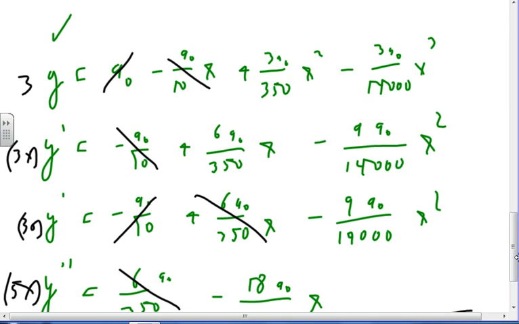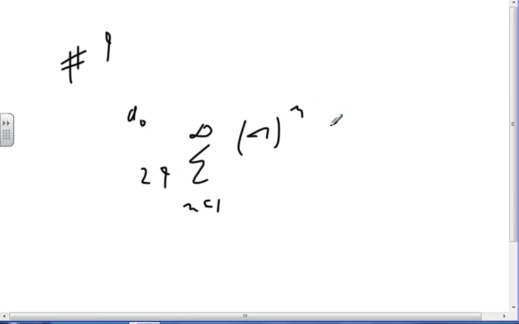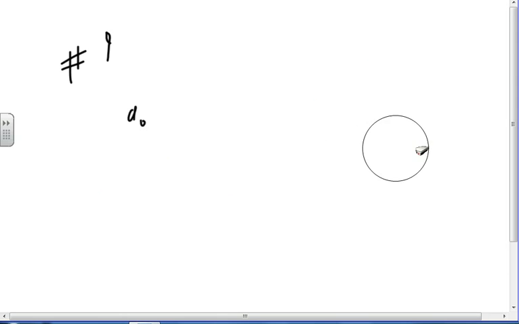Now, we look in the back of the book for this guy, and what do they say for number 4? They say that the first term is A0, but the next guy is going to be 24 summation n equal 1 to infinity minus 1 to the n, 3 to the n, x to the n, divided by, wrong guy. Oh, well, can't have everything. I was writing down number 3.